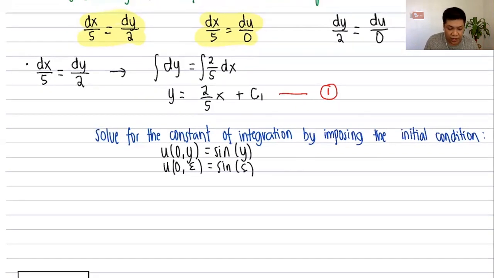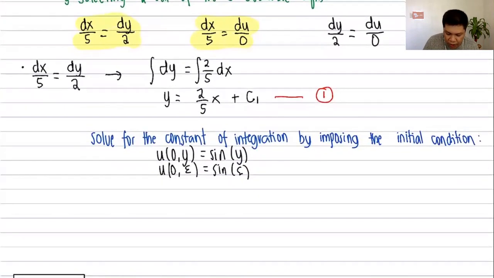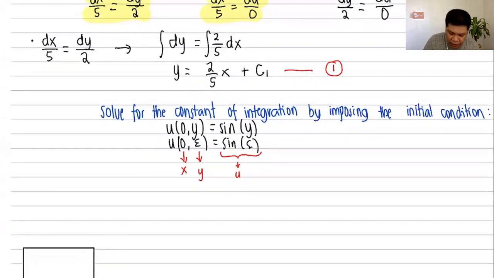Now, this is the initial condition such that, please remember, 0 over here is the x variable, epsilon here is the y variable, and sine epsilon here is u. Therefore, these are now the initial conditions.